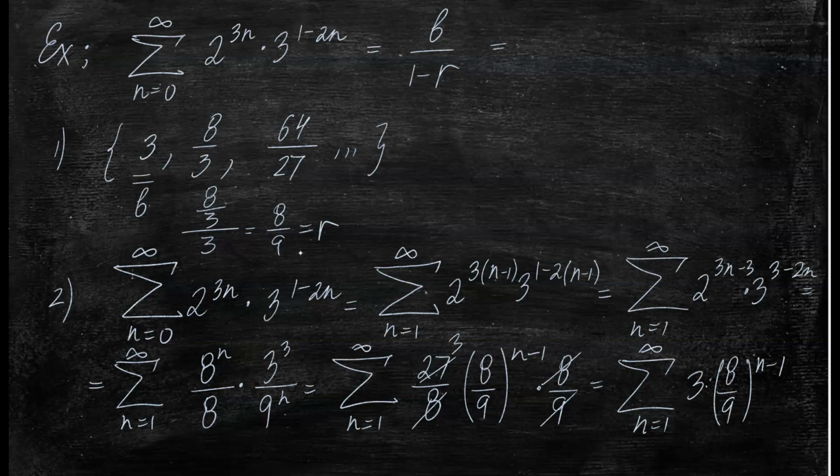So we of course observed exactly the same first term and exactly the same common ratio. Regardless of which way you convince yourself that this is a geometric series with the first term 3 and the common ratio 8/9, the end result will be the same. The sum is 27.